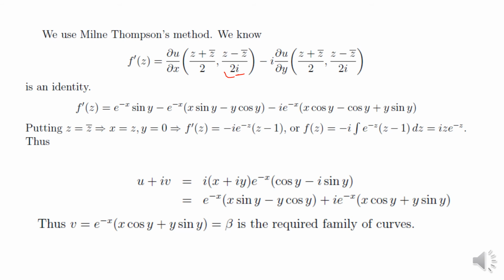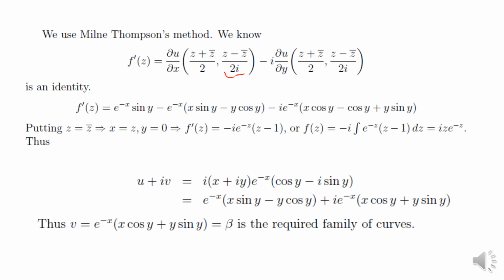This becomes an identity. Now we have been given the function u, which is e to the power minus x (x sin y minus y cos y). We differentiate it with respect to x partially, so it becomes, because e to the power minus x is the first function and x sin y minus y cos y is the second function, a product of two functions: e to the power minus x sin y minus e to the power minus x (x sin y minus y cos y).